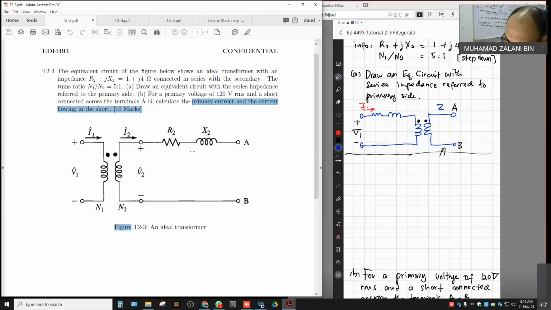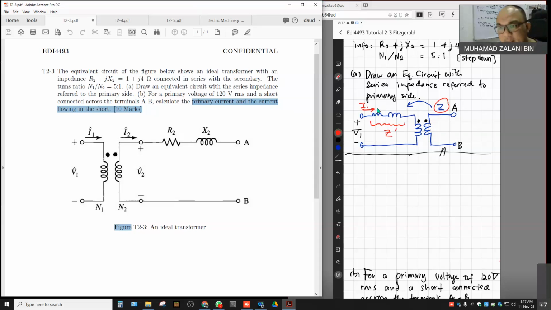So I want to refer this impedance to the primary side. So this guy Z referred to the impedance at the primary. So I'm going to use a different label from Z here. So this is Z prime basically.